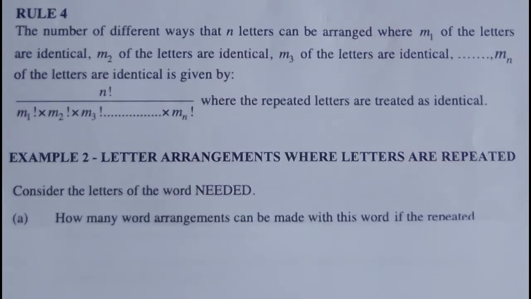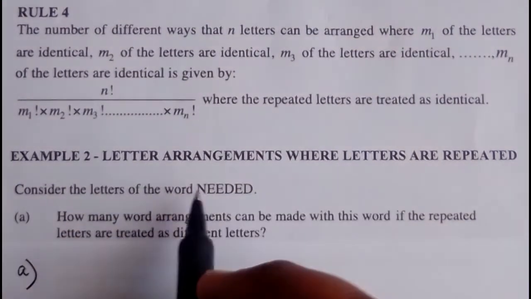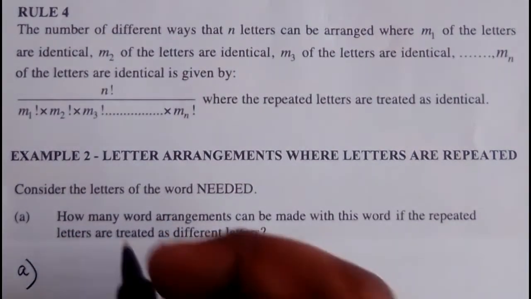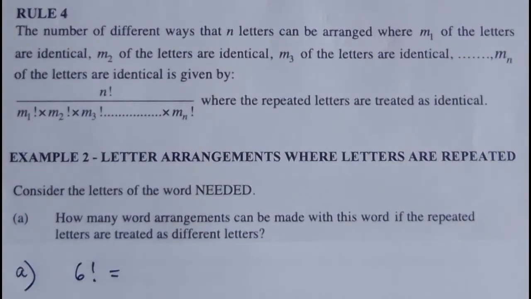Now let's go through the examples. The first one: how many word arrangements can be made with this word if the repeated letters are treated as different letters? You kind of know how that works, right? There are 1, 2, 3, 4, 5, 6 letters, so it's just 6 factorial.